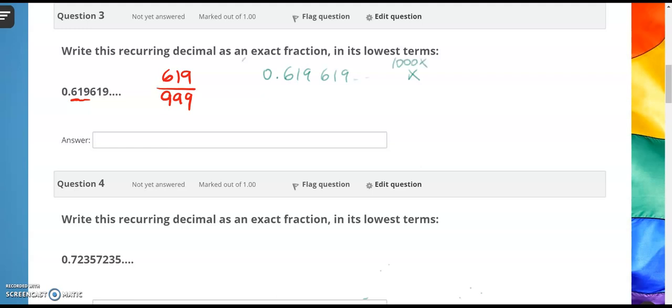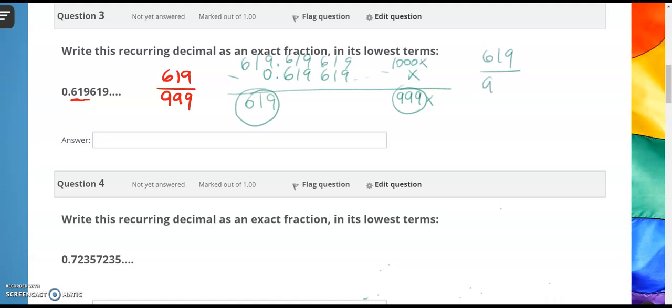We go 619.619619, taken away, we're left with 619, and 1,000x take away x leaves us with 999x. So this is the numerator, and this is going to be the denominator, 619 out of 999. Now this cannot be simplified, so we're going to write it as it is.